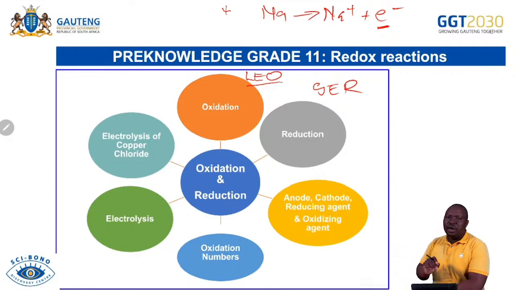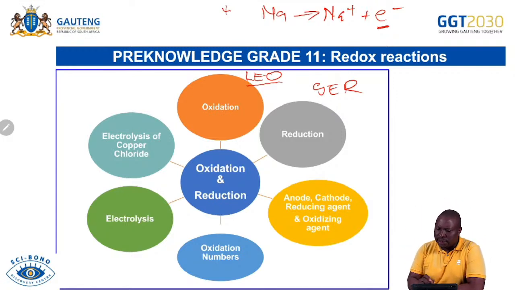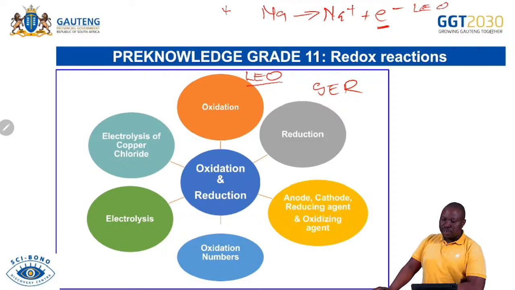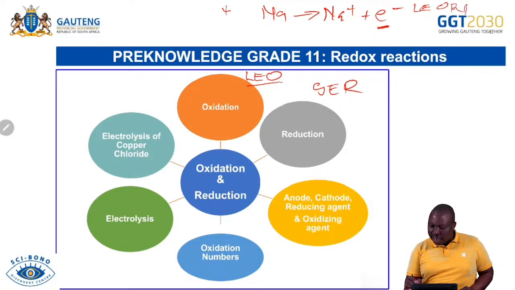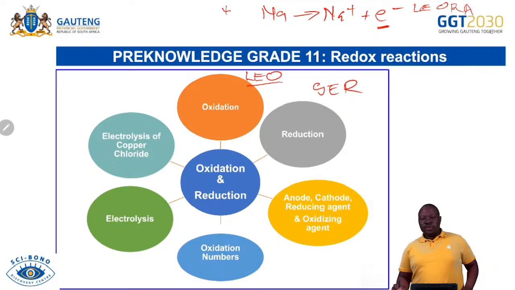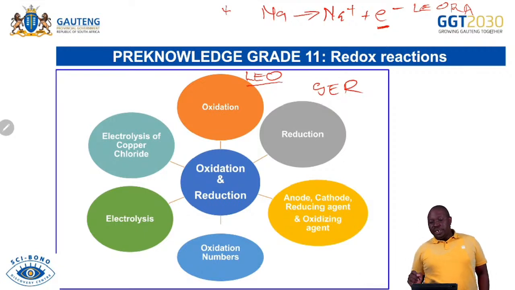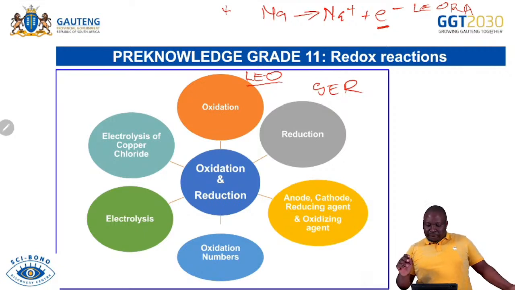Now, the other thing I want to bring to your attention is that when sodium loses electrons and undergoes oxidation, which we said is LEO, sodium is referred to as a reducing agent. What is a reducing agent?